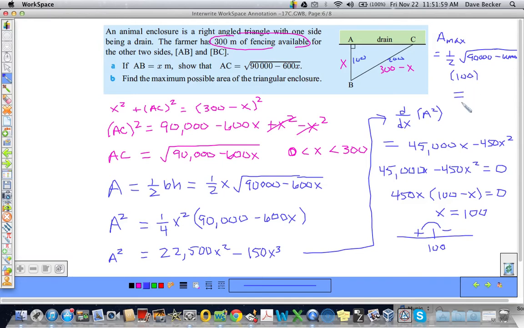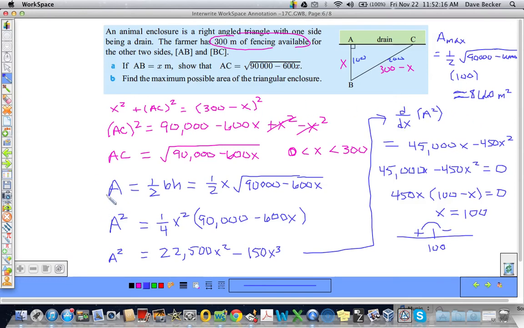If you simplify all that, we get an area of about 8,660 square meters.